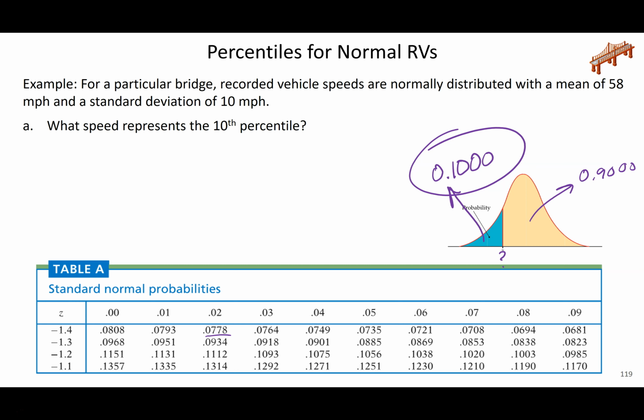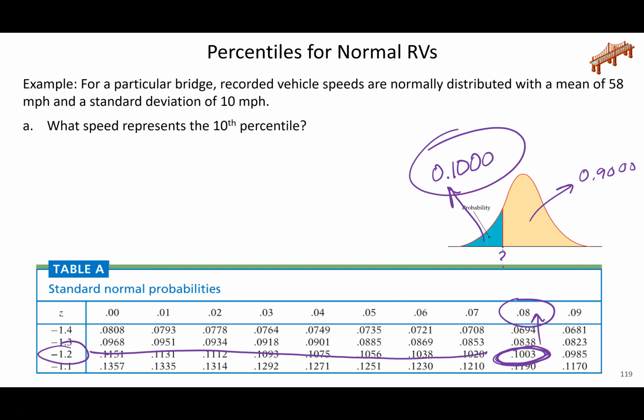Like 0.0778, no, it's too small. 0.08, still too small. 0.10. Okay, so you might notice 0.10 is between these two. As long as you pick one of those two, we're not too picky here. I'm going to argue that this one is closer to 0.10 than this one. So once I pick it, I'm going to work outward.